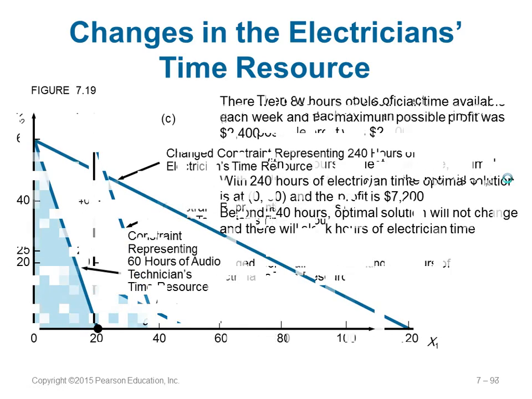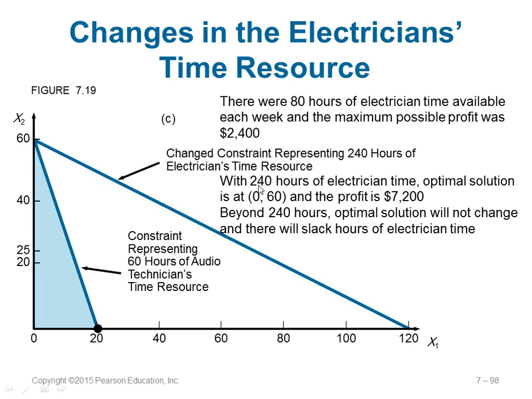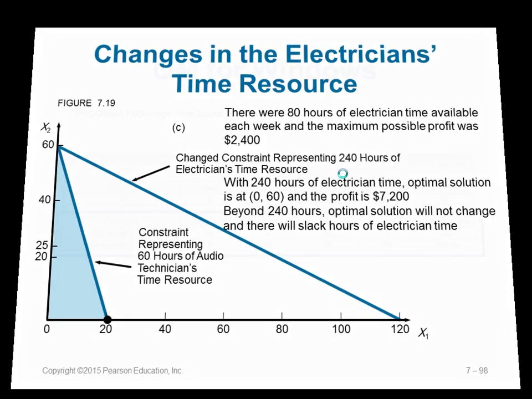The profit changes also. If instead you make it 240 hours for the electrician, it will not make any difference. It will be 7,200 in profit. Anything beyond 240 will not change, because it will be like 0.60, that is the point where these two constraints meet. After that, if you keep going up, they do not meet. The optimal solution will not change. That is the idea there.